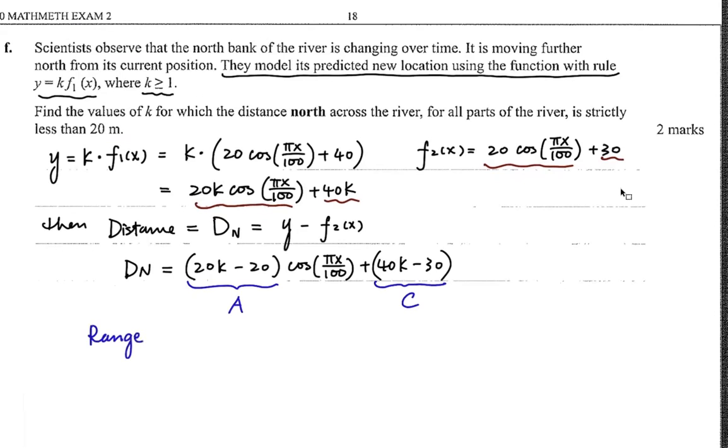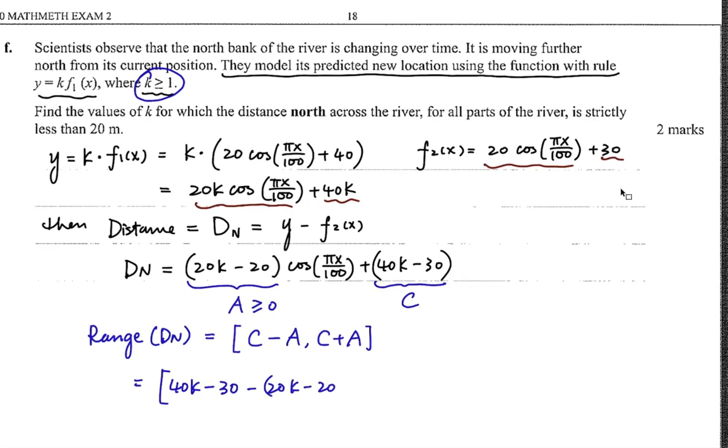So the range of dn, as long as A is greater than or equal to 0, because k is greater than or equal to 1. So 20k minus 20 is greater than or equal to 0. This will be given by center line minus amplitude, center line plus amplitude. So 40k minus 30 minus 20k minus 20 bracket. 40k minus 30 plus, hang on a second, I think I stuffed it up.